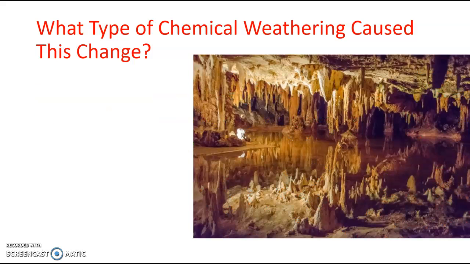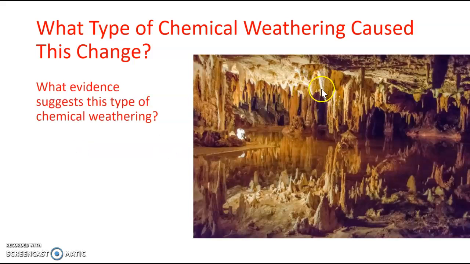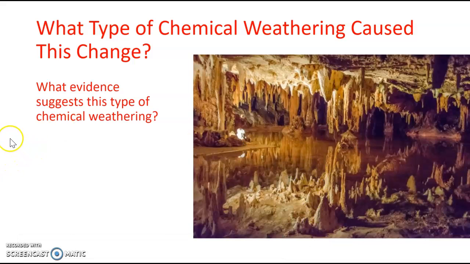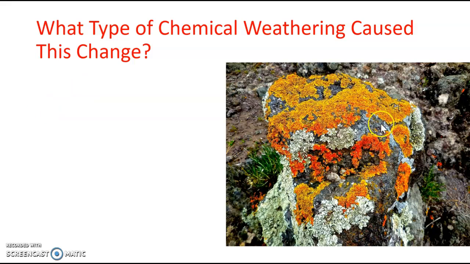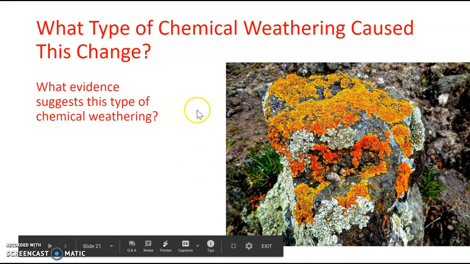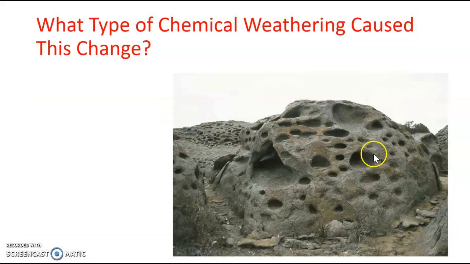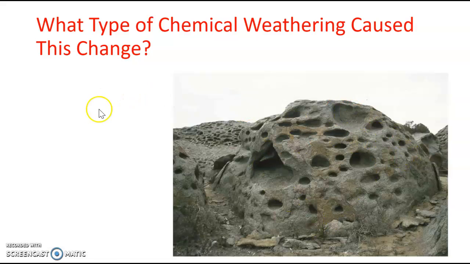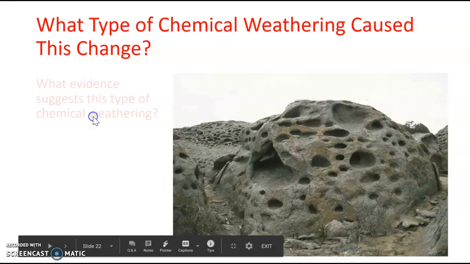This cave, you can see that there's water, and you can also see that things are dripping from the ceiling and forming piles on the floor. And so this is definitely hydrolysis, chemical weathering. This little stuff is called lichen, and lichen can cause the chemical changes in the rock as it takes out the nutrients. And then this one with these interesting cavities is definitely water and potentially an acid causing these changes.